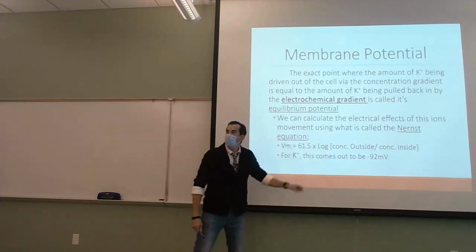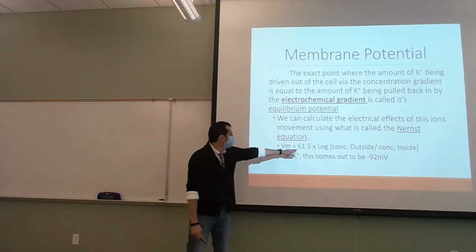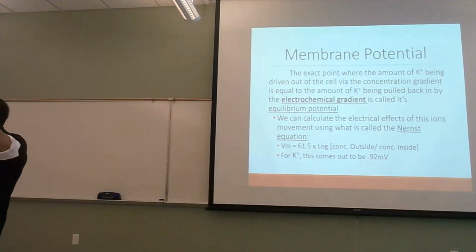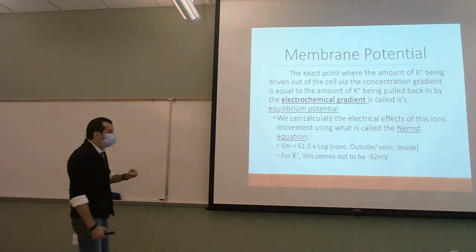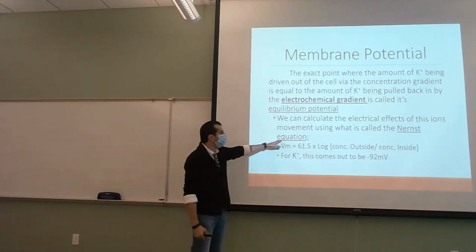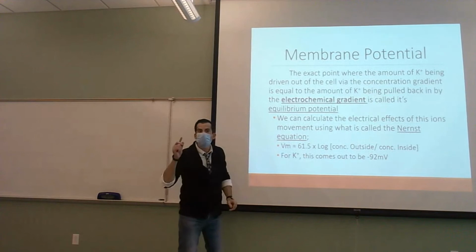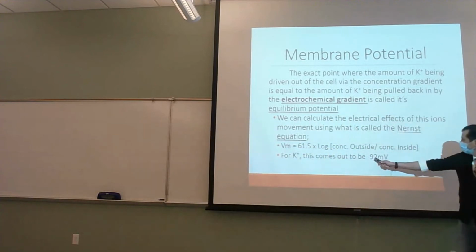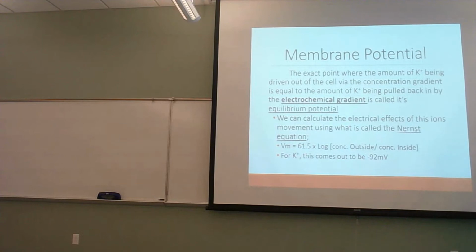Take the log of that division, multiply it by a constant based on the fact that we're moving a single positively charged ion each time. And you will get a calculated voltage strictly because of the actions of potassium. And for potassium, it winds up being approximately minus 92 millivolts.